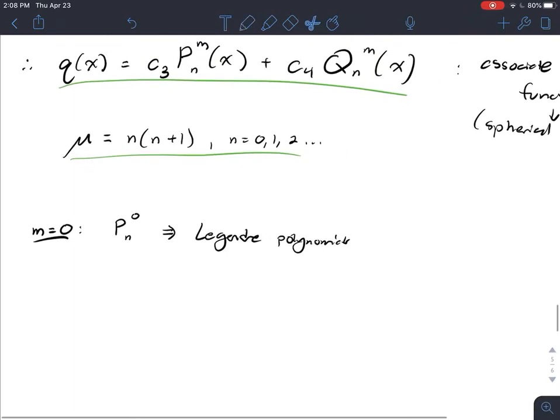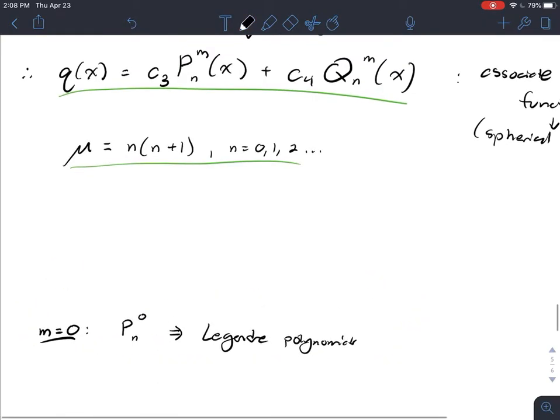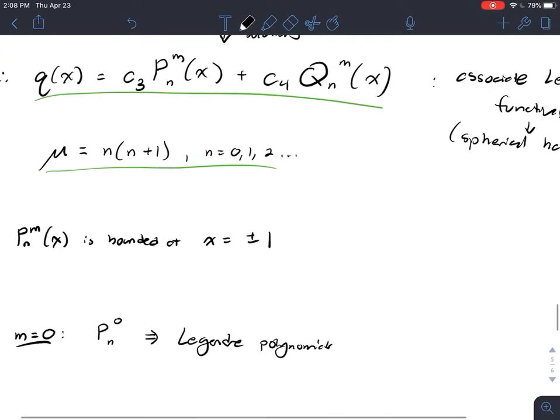Okay. The reason why I'm not really talking about Q, let's quickly talk about Q real quick. P is bounded at both x equals plus 1 and minus 1. I'm going to write this down again. P_n^m(x) is bounded at x equals plus or minus 1.